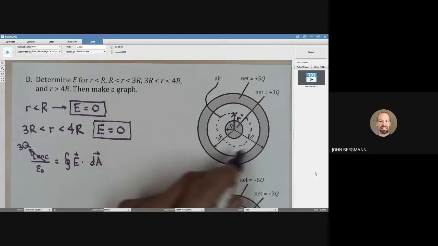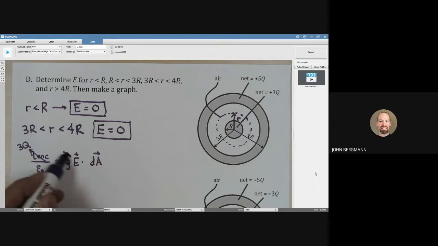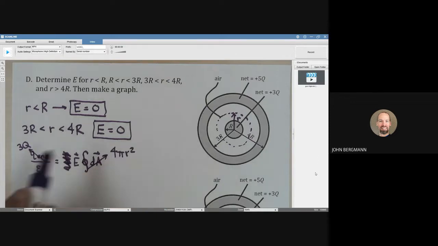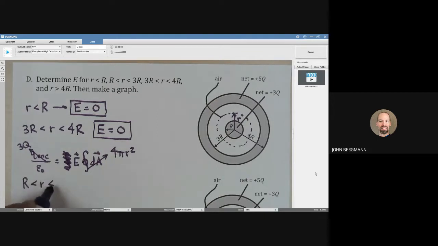The electric field magnitude is equal everywhere, so that integral can be moved over to there. And when we integrate dA for that Gaussian surface, it is 4 times pi times little r squared, which means that for big R less than little r less than 3R, the electric field is going to be 3Q over 4 pi epsilon naught r squared.